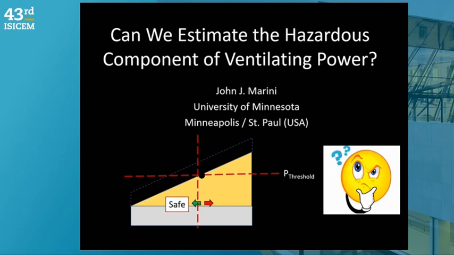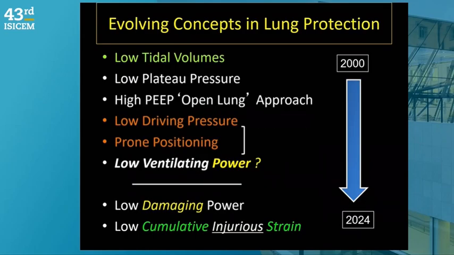My problem here is to sharpen our understanding of what ventilator power is in terms of the damage that it can potentially hold for the injured lung. And as I think we know, from the year 2000 to the current 2024, we went from low tidal volumes to low plateau pressures, to high PEEP open lung approaches, to low driving pressure, to prone positioning.